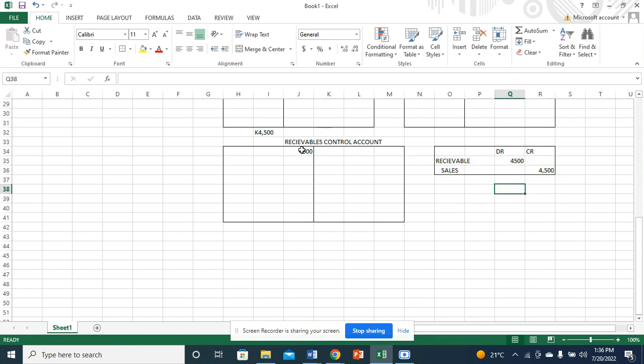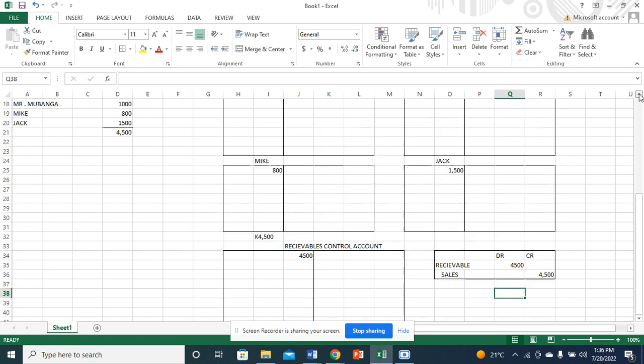And this is what's going to go on your balance sheet. Let's say the month ends. This is what's going to go on your balance sheet under current assets.